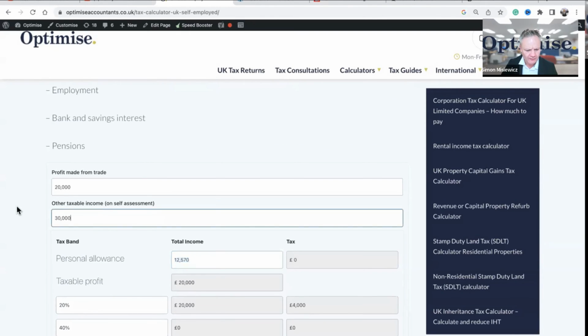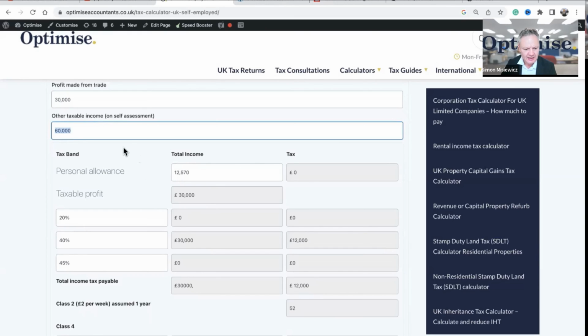Just doing one other form, let's imagine you've got someone earning £60,000 and they've got £30,000 worth of profits. What happens with that? So straight away, what you'll see is that that person now is going to be subject to 40% tax on their self-employment income. Why is that?